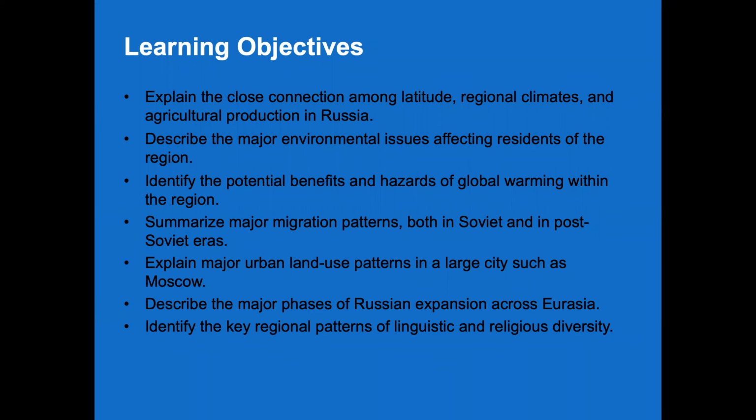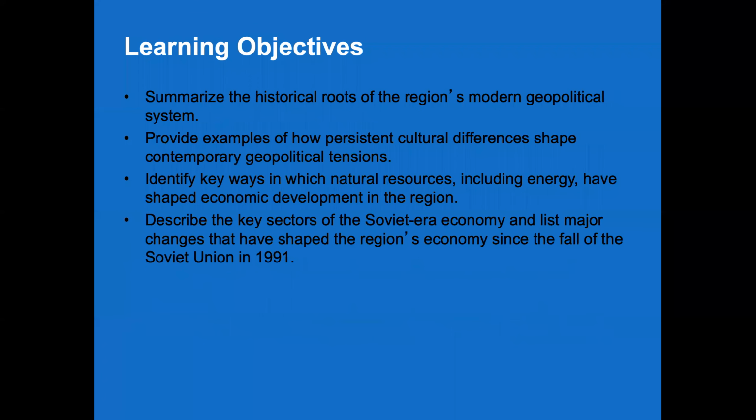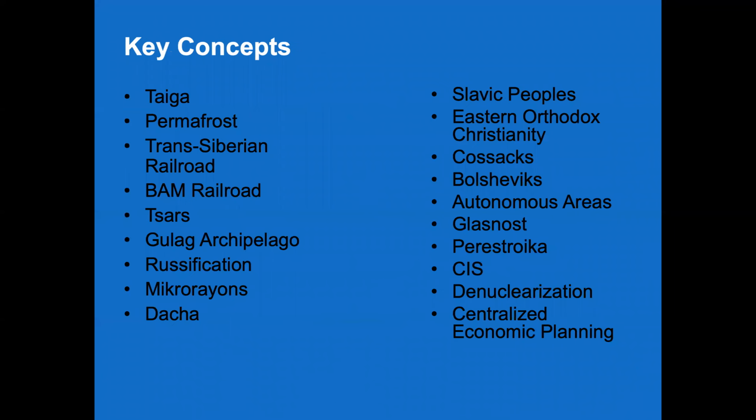And really a big part of this discussion for this region is understanding that Russia still has a lot of post-Soviet and Soviet era influence, even down to its former, now independent states, like a Ukraine or a Kazakhstan. Okay. These are some of the concepts and key terms.